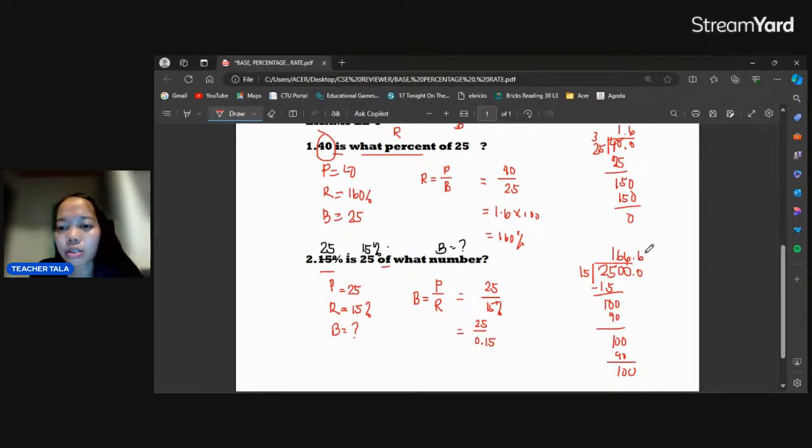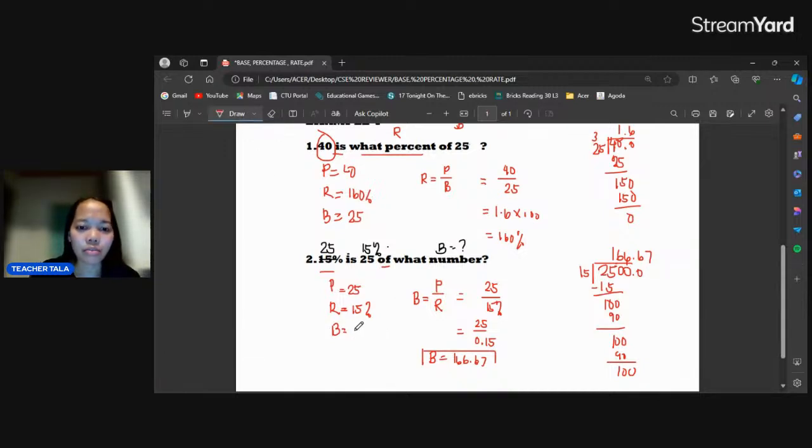So we're just going to add 67. So ginawa natin 67, in-round off na natin. So the answer is, the base is 166.67. Okay? So, i-erase na natin si question mark kasi nahanap na natin yung value ni B.